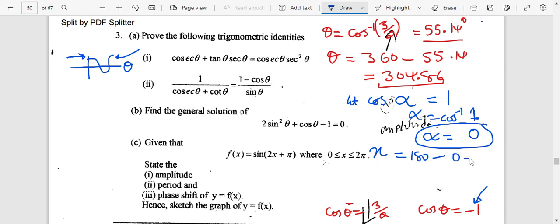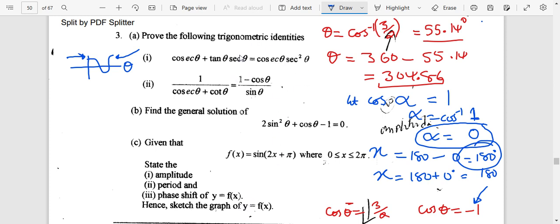That is going to still be 180. And in the third quadrant, you always add: 180 plus the angle that you have found. Now we found 0, so that will still be 180. In other words, cos theta can only be -1 if the angle is 180, for angles between 0 and 360.